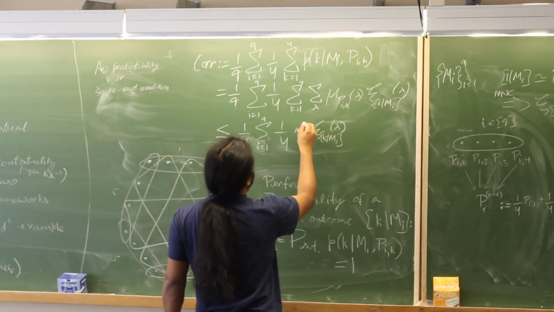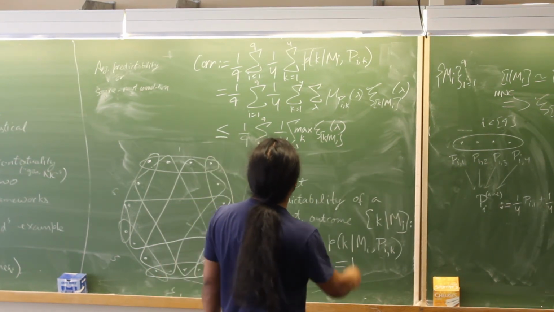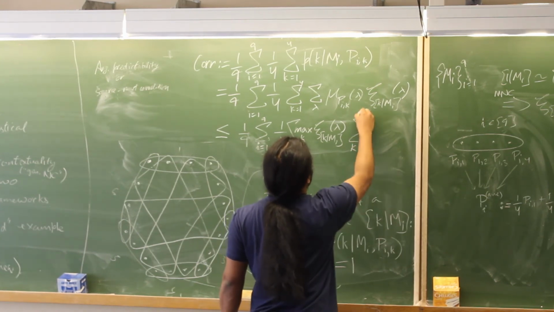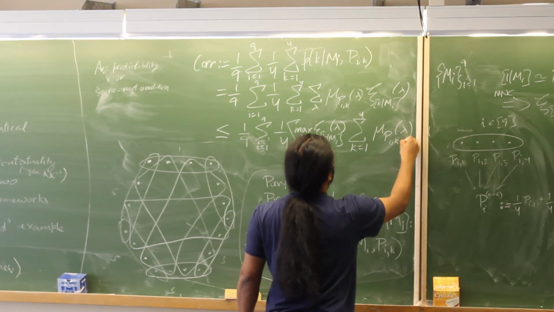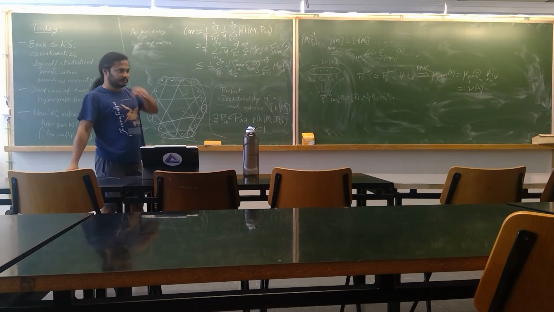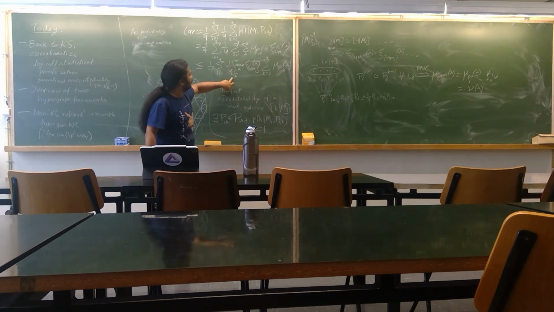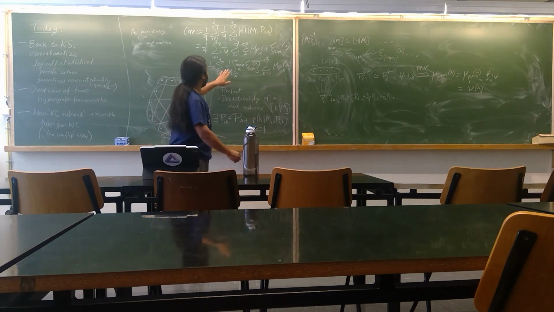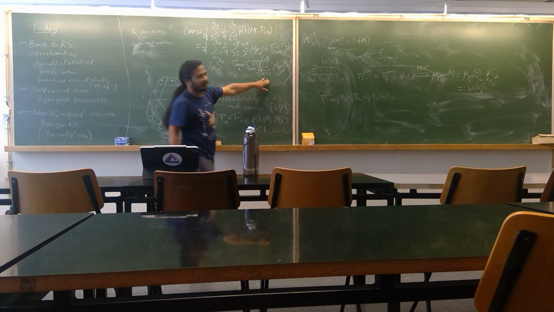There's still a lambda here, so I'll put the lambda here. Then the remaining thing is the sum over k equals 1 to 4 of mu_{i_k}(lambda). So I took the max and took it outside the k summation, but it's still within lambda, and this is just a piece with the k. And I actually want to move this 1/4 from here to here. I guess you can see why I'm doing this.